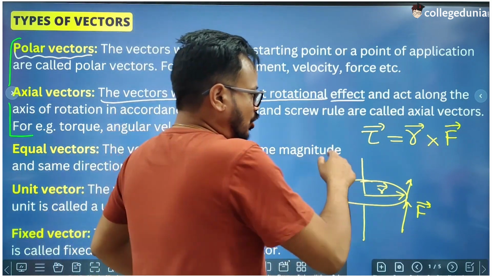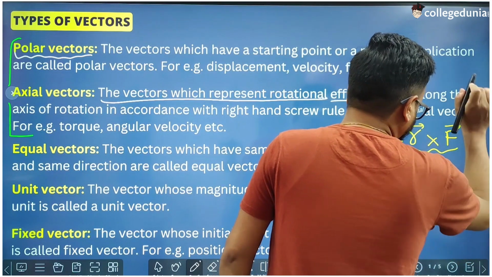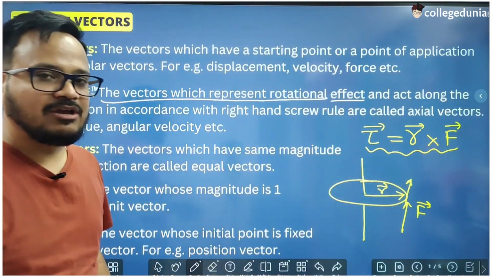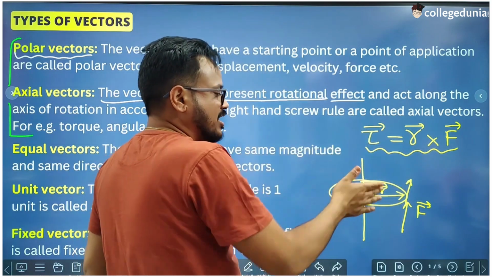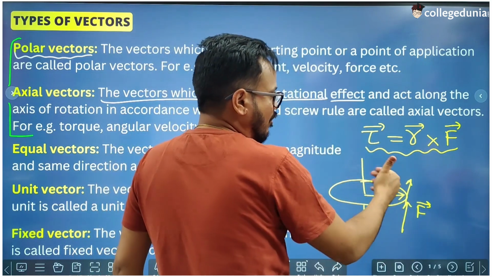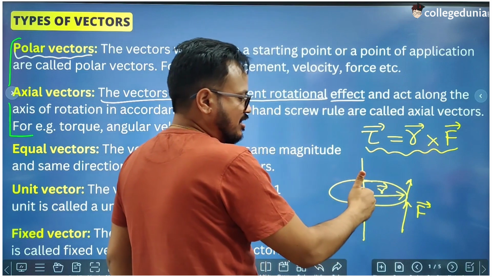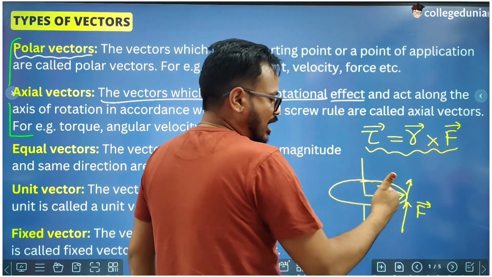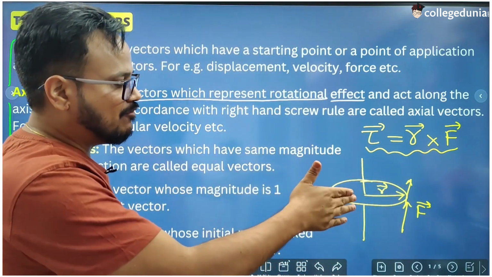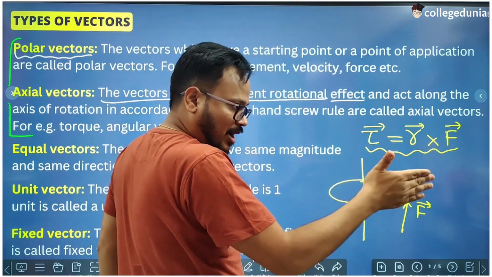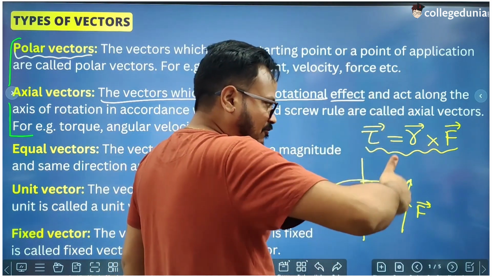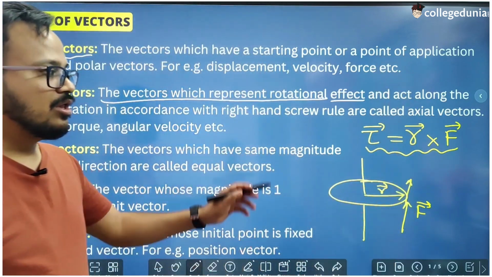So torque is the cross product of R and F. If the body is rotating like this, that is in anti-clockwise direction, the cross product is given like this. You have to curl your fingers from R to F. Suppose R is this and F is this, so you curl your fingers from R to F and the thumb will give you the direction of the torque.